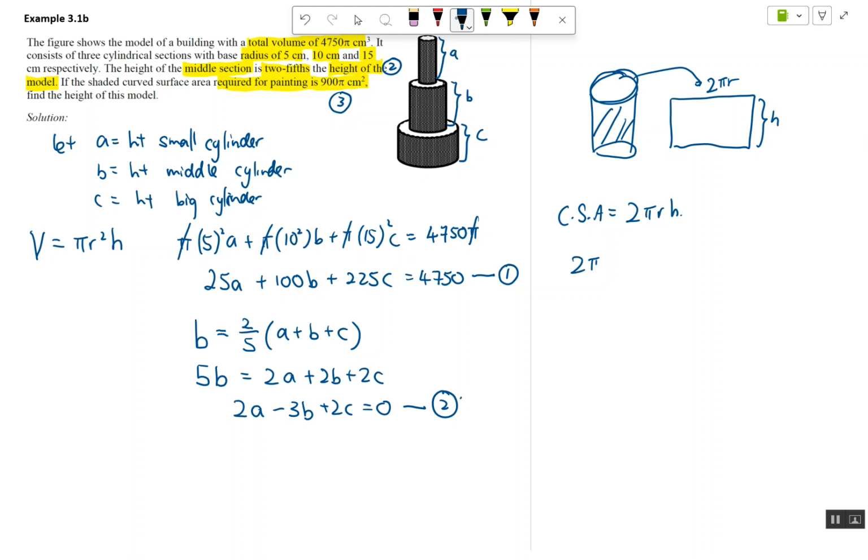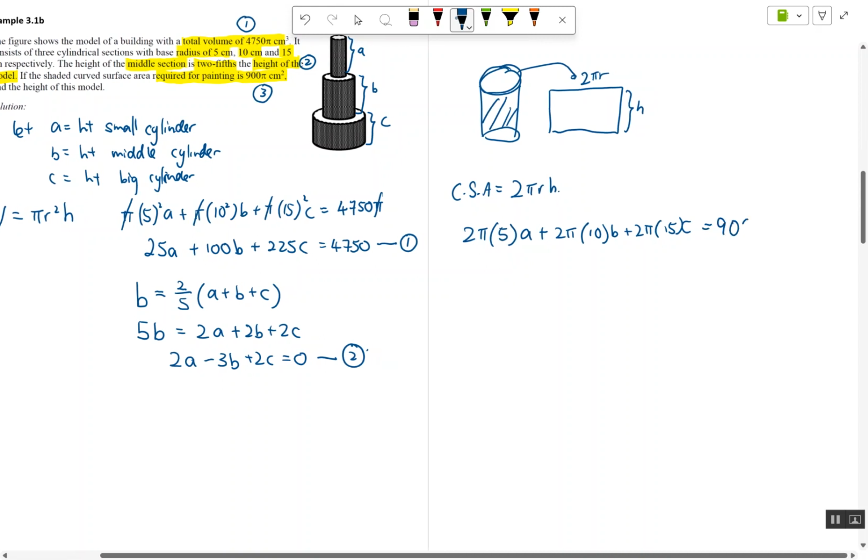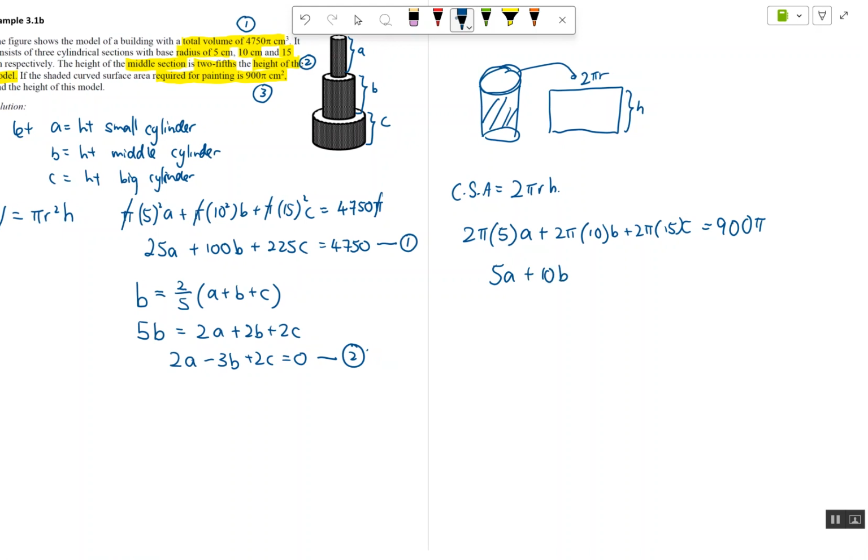That will be 2 pi 5, the small one, height is A, plus 2 pi 10 B plus 2 pi 15 C, and this equals 900 pi. Divide both sides by 2 pi and you will get 5A plus 10B plus 15C equals 450. Again, you don't have to simplify, you can just name this equation 3.